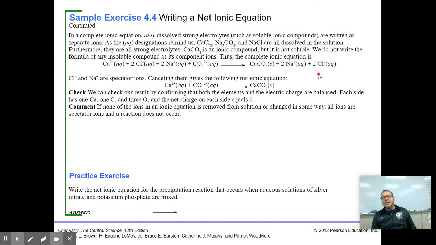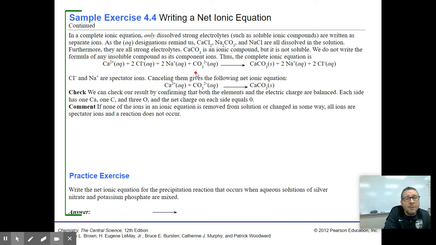So our second to last step is, we need to cross off all the spectator ions, things that do not change. So if you look at chlorine, it is 2 Cl- on the left and 2 Cl- on the right, so that would be crossed off. Sodium, 2 Na+ on the left, 2 Na+ on the right. That would be crossed off.